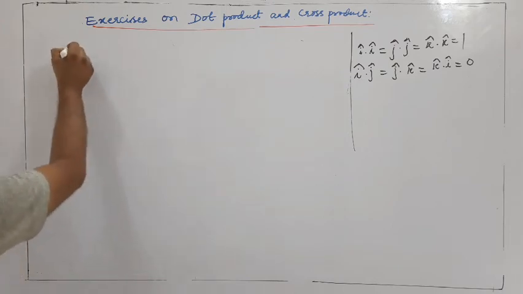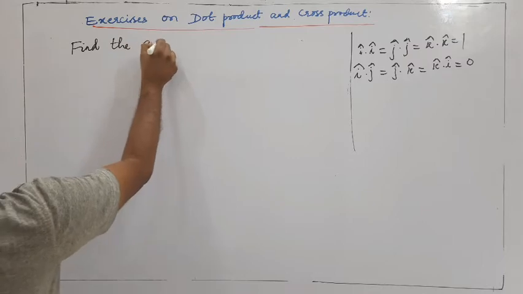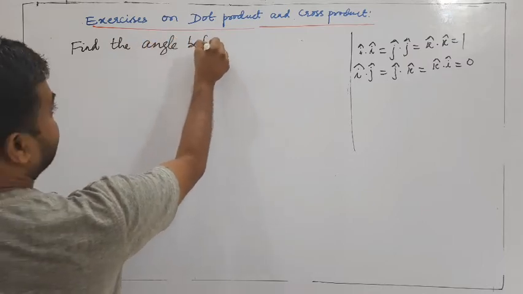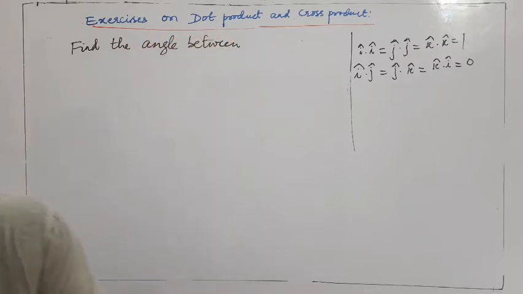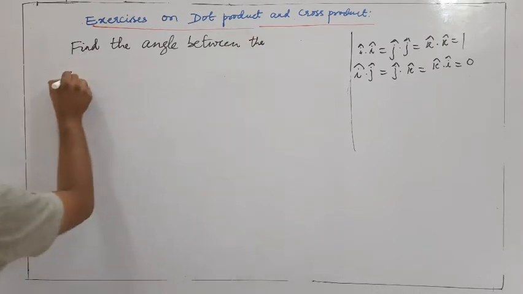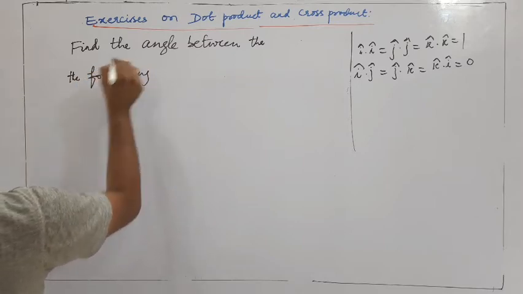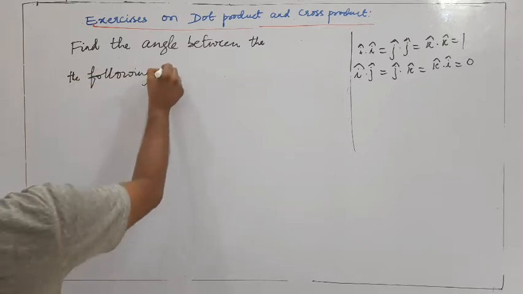Find the angle between the following pair of vectors.